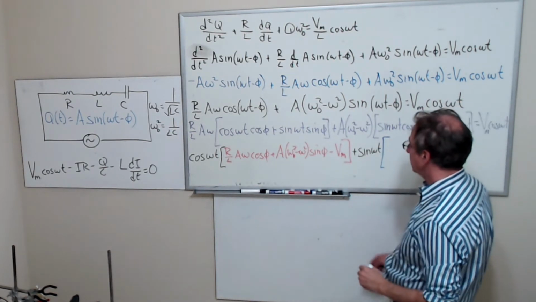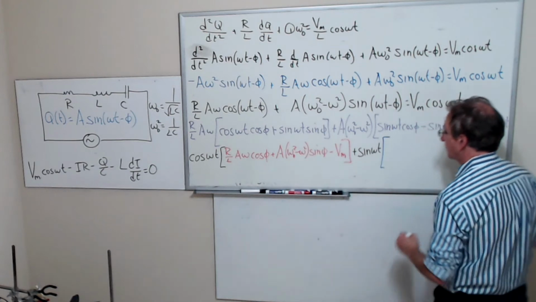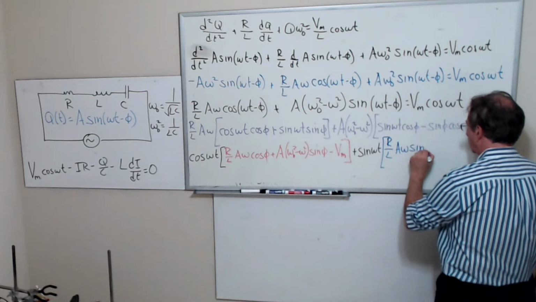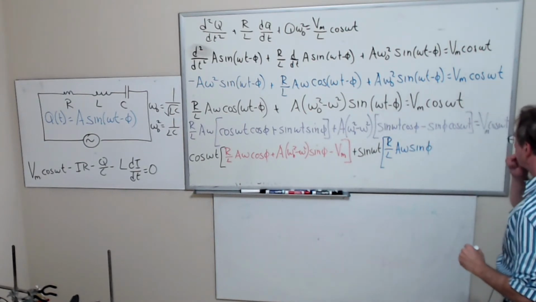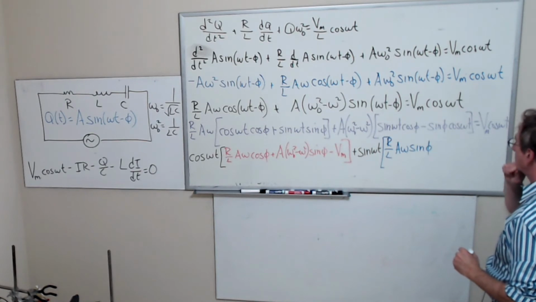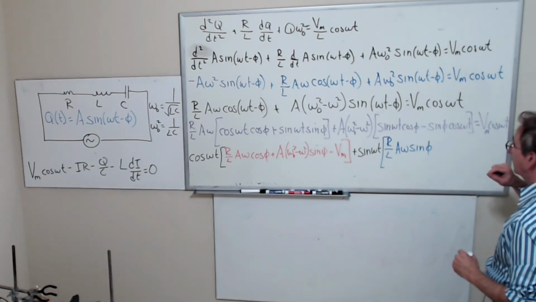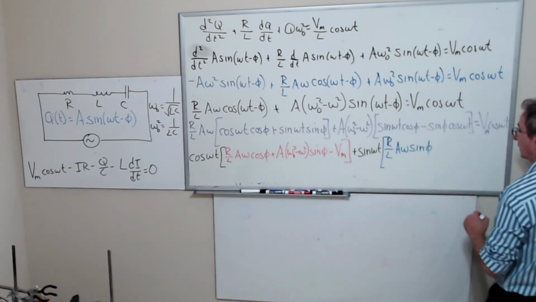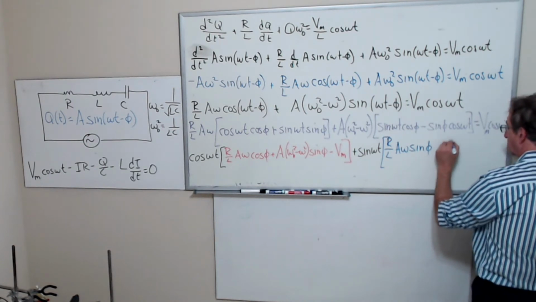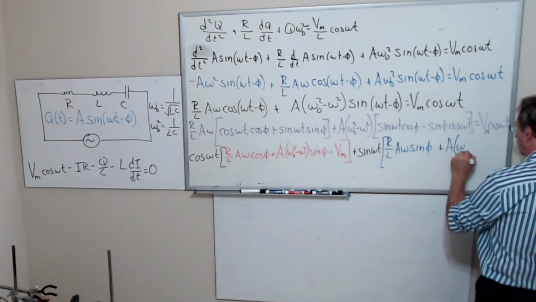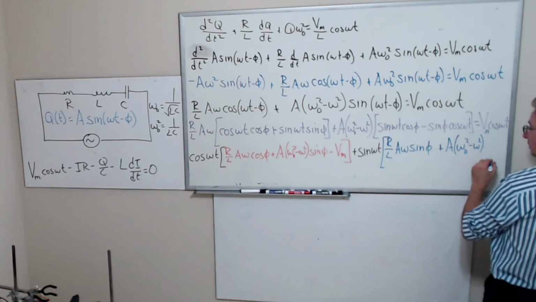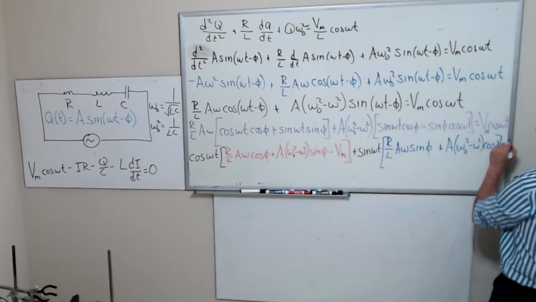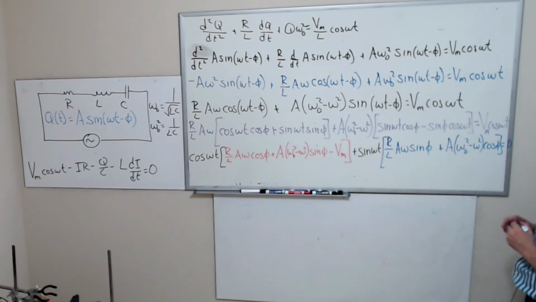The terms of sine omega t, this one. And let's see, that one. And this whole thing equals 0. That's 0, okay? So let me double check.